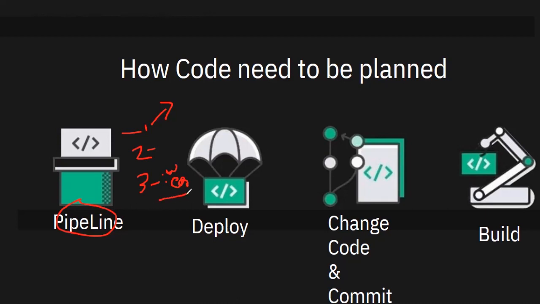After this, I need to start the testing, and after that, I need to deploy. After deployment, if there is a bug and a code change, what do I need to do? After changing the code and committing it, what do I need to do? You need to define all these step by step. This is called the pipeline.